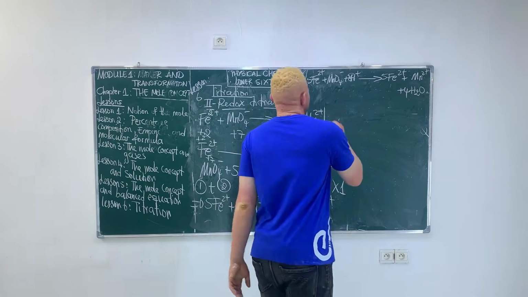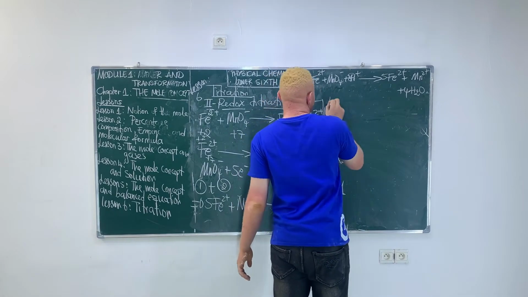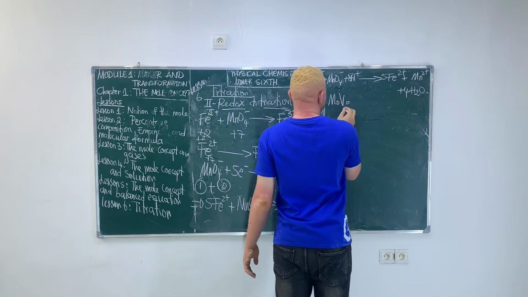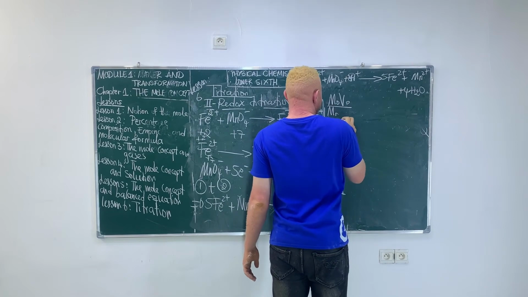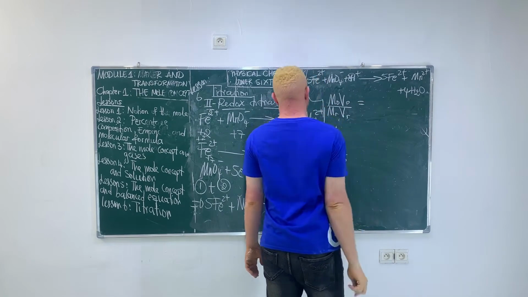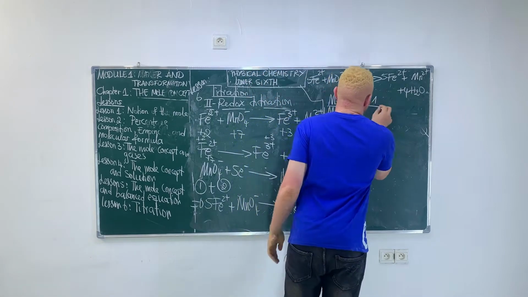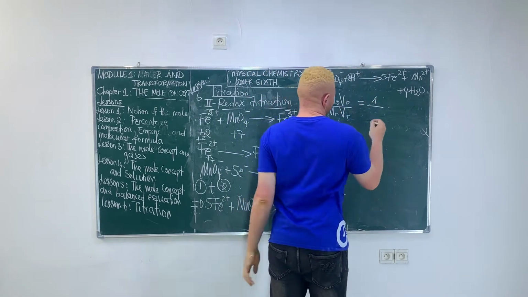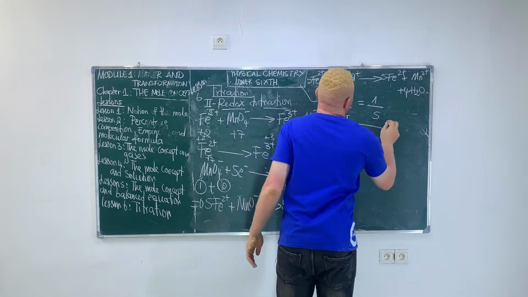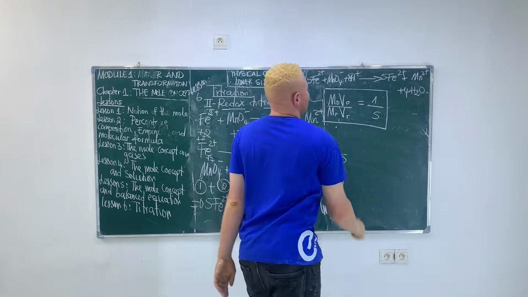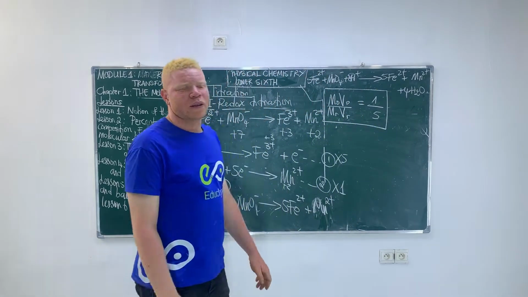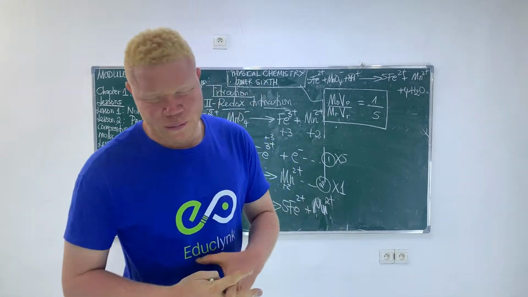So let's apply the formula in this case: Mo Vo over Mr Vr equals the coefficient in front of the oxidizing agent over the coefficient in front of the reducing agent.